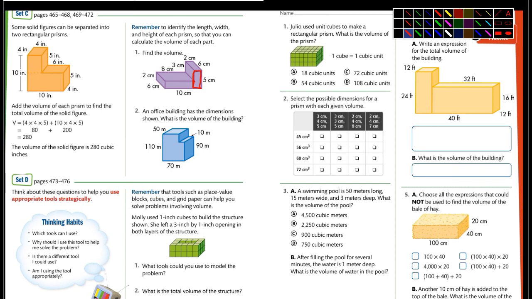And then you would figure out the dimensions of this one, the volume of that one, the volume of that one, and then add them together. And sometimes you just got to look at these for a minute and think about how you want to do it. Another way would be to extend this here, because they give you the whole length, 10, and then you would figure out the volume of that one and the volume of that one. So either way, if you do your math correct, this will work.